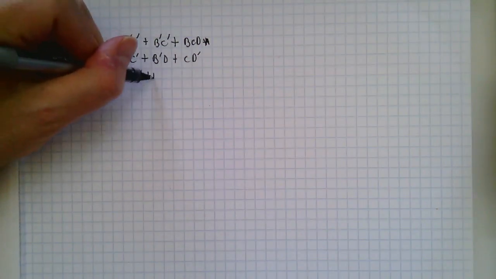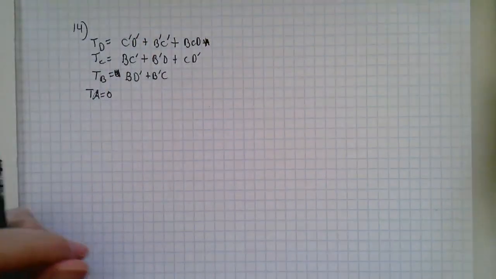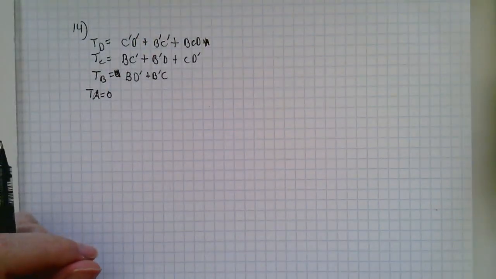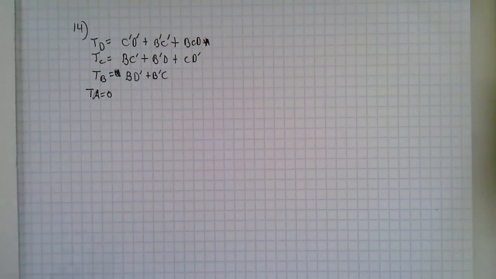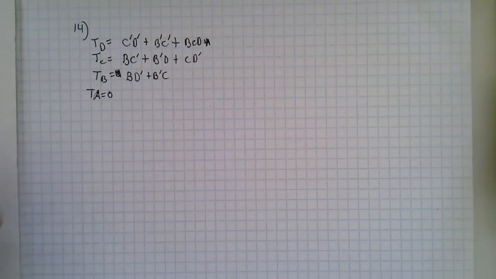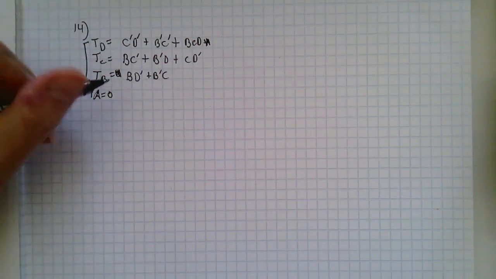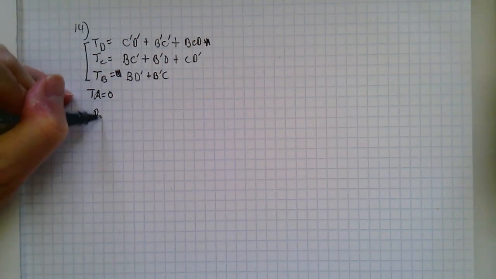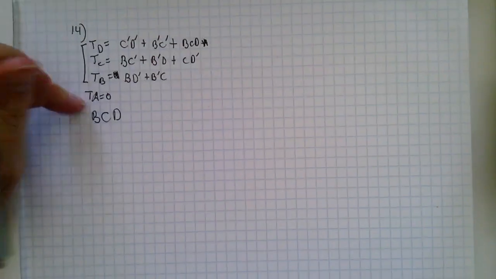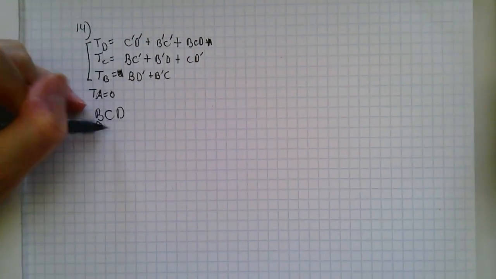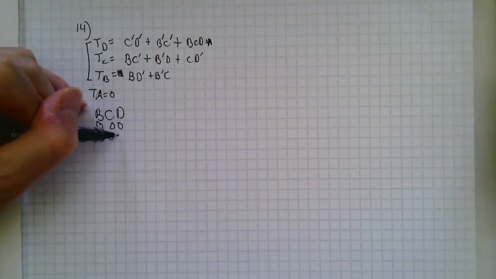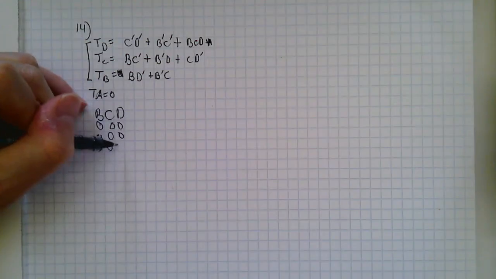And that's it. So now it says here I've got to write the present state. I only need BCD. I don't need A. It's going to just write out B, C, and D since A is 0.